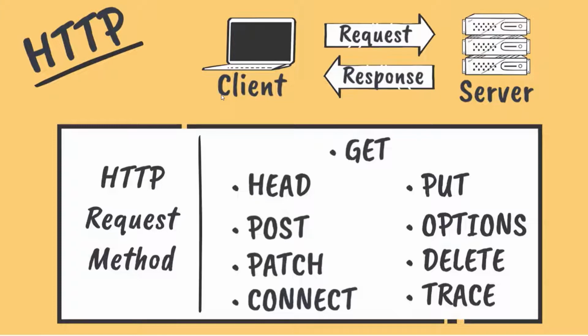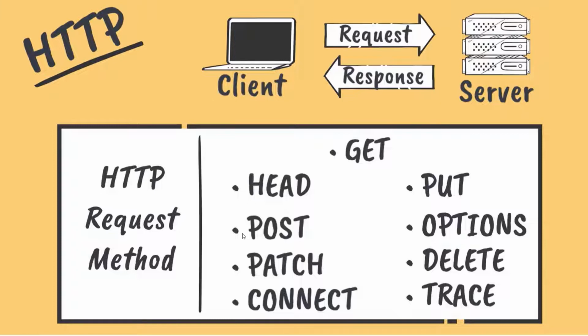In fact, you will often hear HTTP requests referred to by the value of their request method property. For example, a request where the request method has a value of post will simply be called a post request.